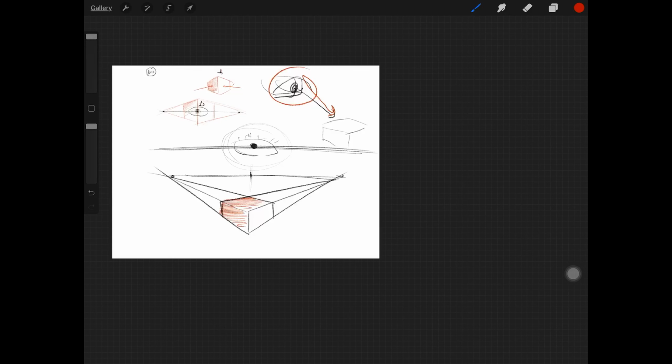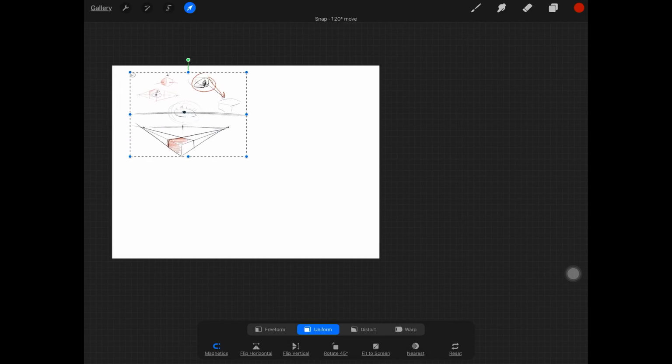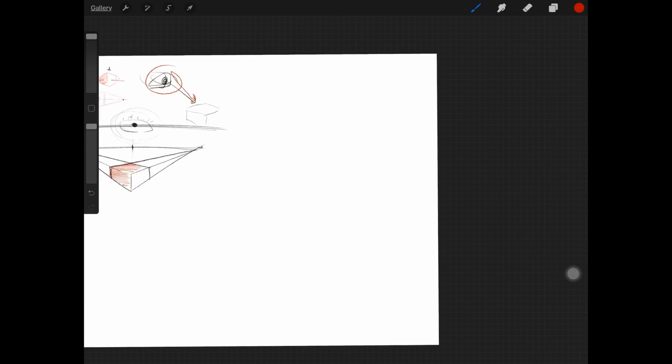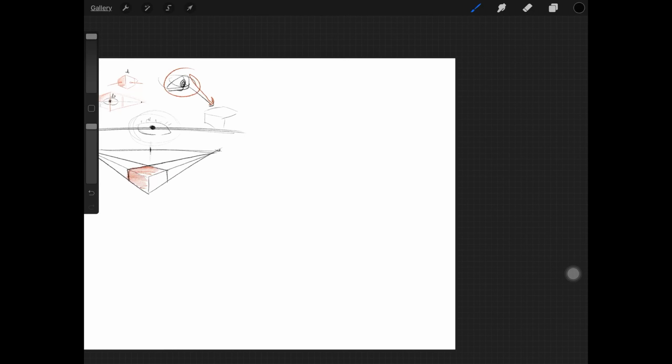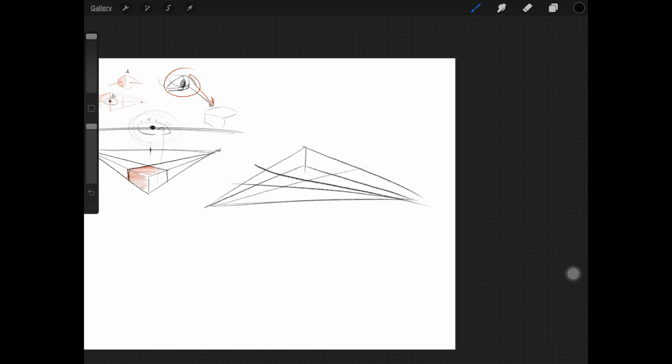And suddenly you try the same box when you look at it from below. Then your box will go up, your horizon line will go down, and you will make a line. This is your new kind of box now. Sorry, points. Okay, this is your new box.